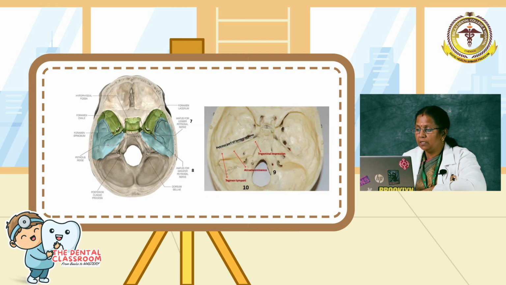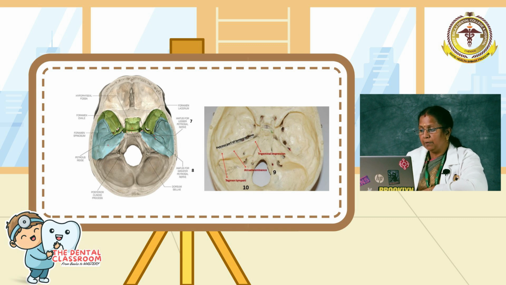After this apex, if you go behind laterally, you will see an elevation called the arcuate eminence in the petrous part of temporal bone. This arcuate eminence is formed by the anterior semicircular canal of the internal ear. Still more posterolaterally, we have a thin plate of bone called the tegmen tympani.